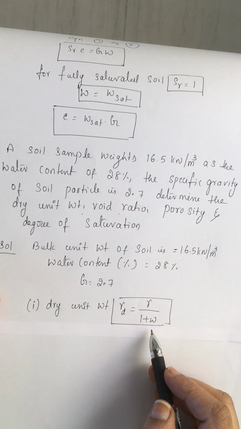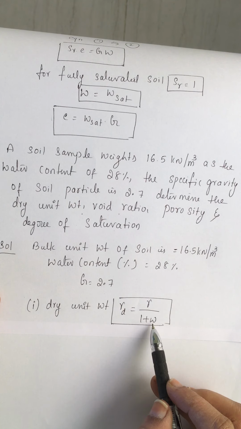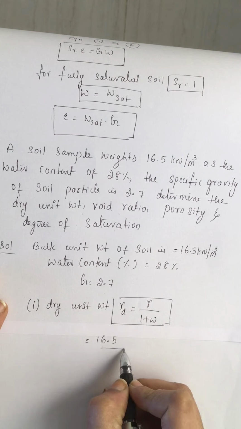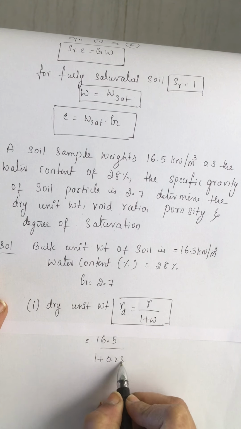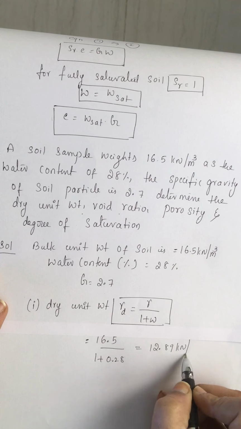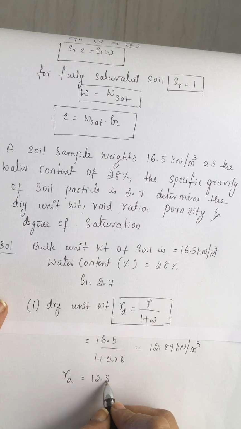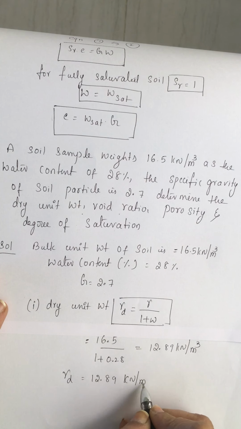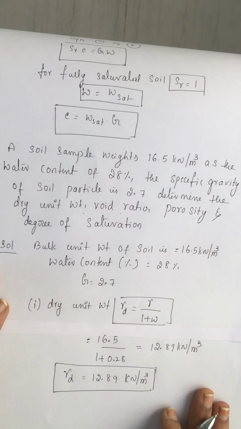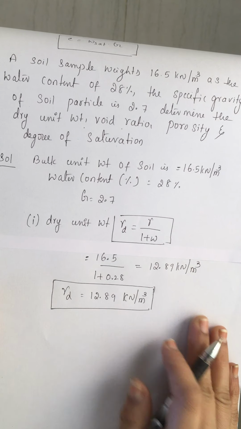They have mentioned the water content, so the dry unit weight of the soil can be written as gamma divided by 1 plus W. Substitute the values in the equation. 16.5 divided by 1 plus 0.28, that is 12.89 kilonewton per meter cube. Gamma D is 12.89 kilonewton per meter cube. The unit weight of the soil is always measured in terms of kilonewton per meter cube. The units are very important, keep it in mind.